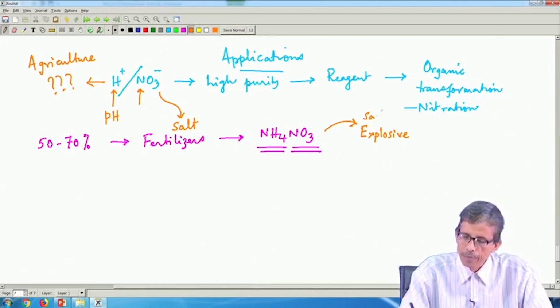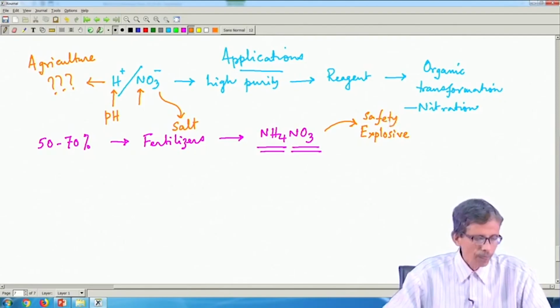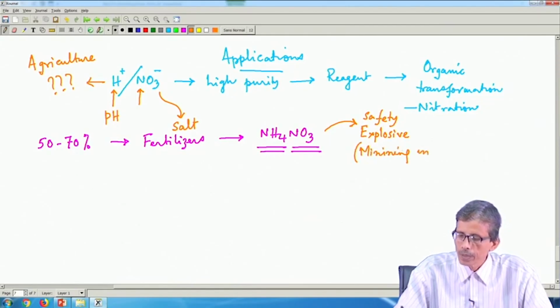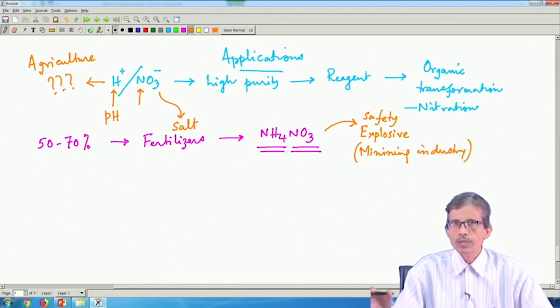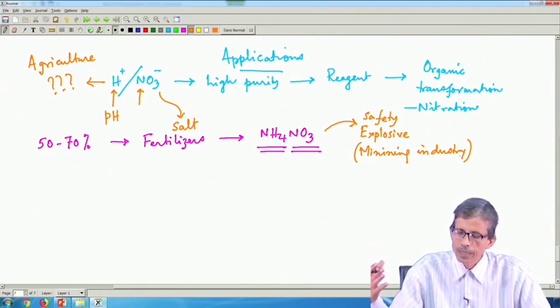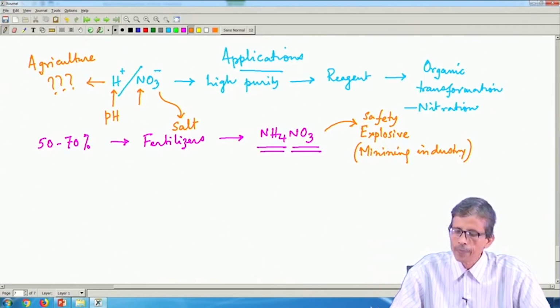So, it can be a safety explosive for the mining industry, if we go for breaking of some hill or breaking of some underground area.